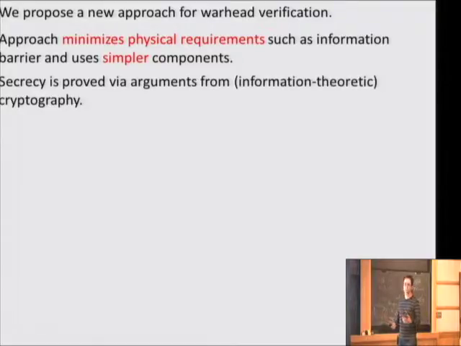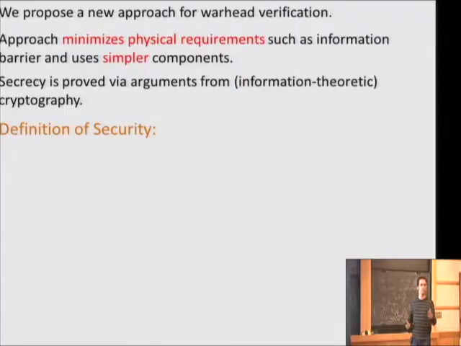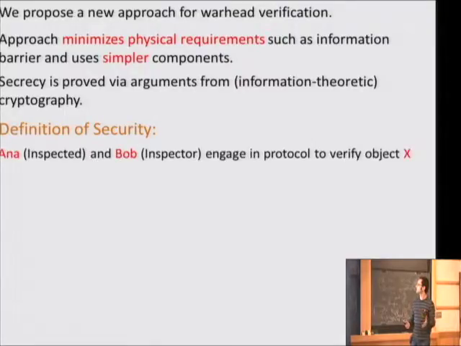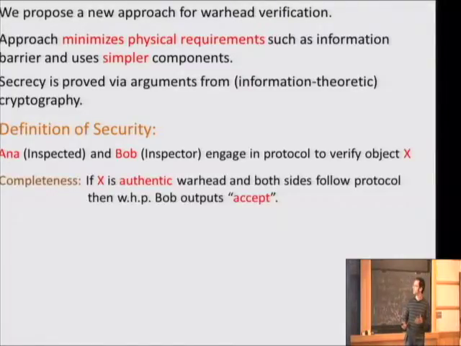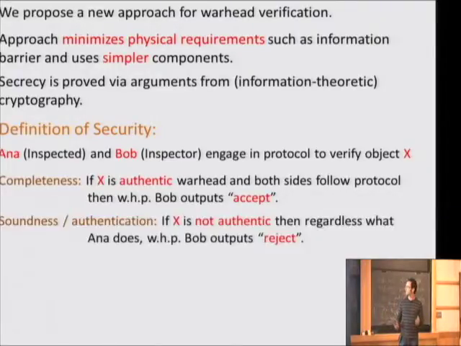The secrecy property or certification property is proved by arguments that come from information theoretic cryptography. And the definition of security we use is the following. We have this game. Anna is the inspected party, and Bob is the inspector, and they verify this object X. And we want to say that it satisfies completeness: if X is authentic, Bob will output accept.